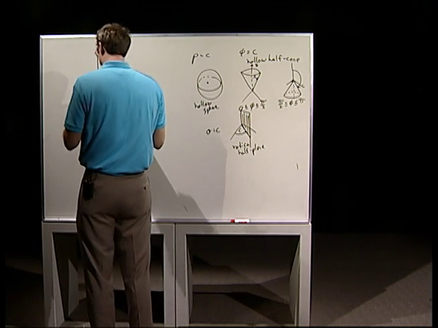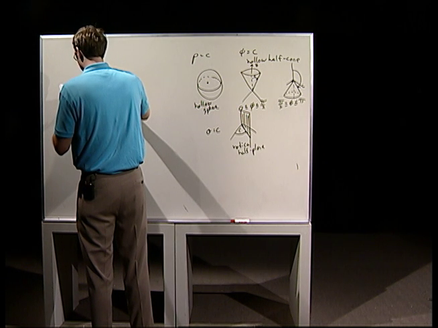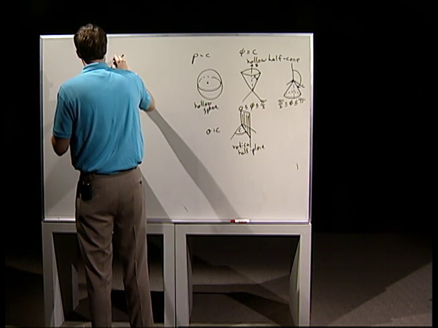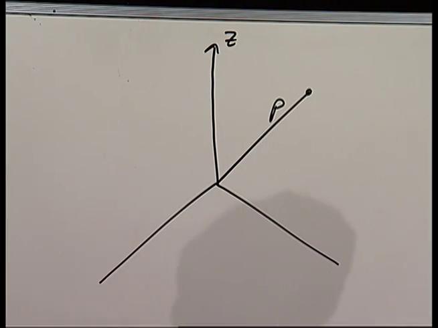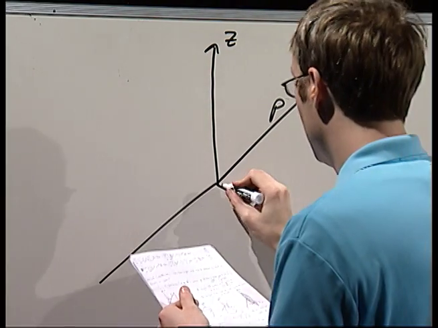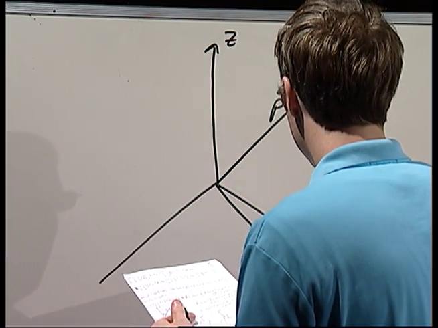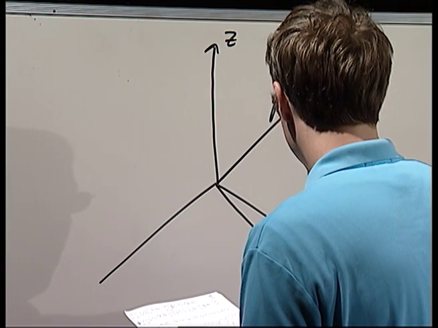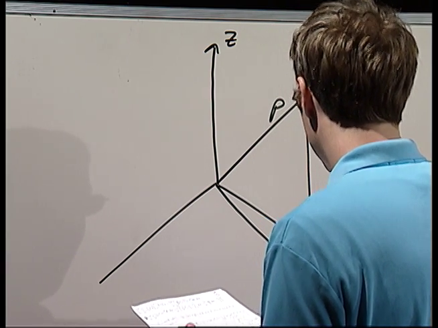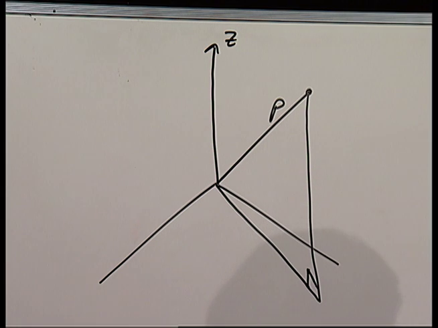So let's see. There's rho. Let me draw that, because it's going to extend up nicely. So there, that's a right angle, right? Let me draw phi and theta on here in red.